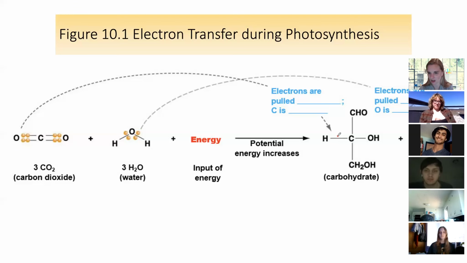So if I just draw a couple little examples here, we would see that in 3 of these 4 bonds, those electrons are going to be shared equally, meaning that carbon has gained those electrons and therefore now has a richer, more chemical potential energy stored in these chemical bonds, right?